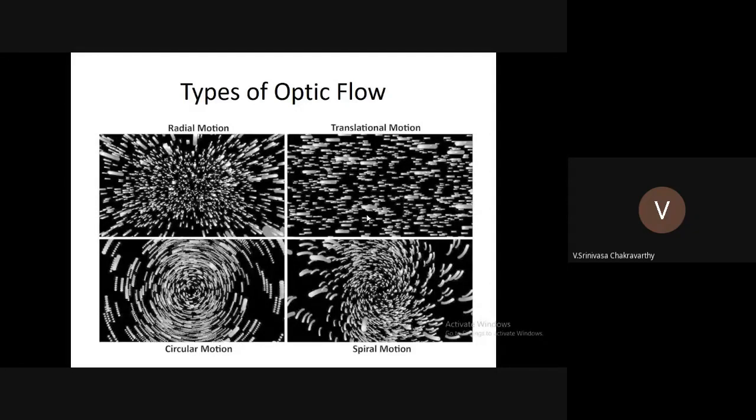So basically, if you have a bunch of dots in the image, and if you are going into the image, then you'll see all the points moving towards you. So if you compute the motion of each of these dots, these arrows will look as if they're going outwards. They're as if they're going radially outwards.